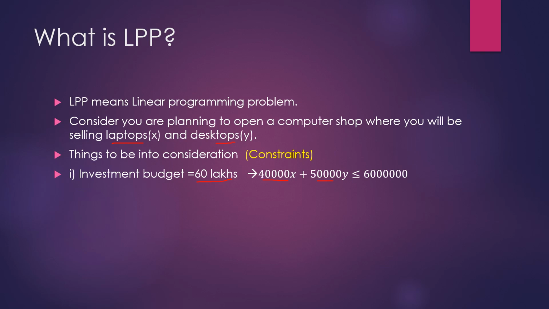I hope you all are getting it. My second constraint is I only have space to store 75 desktops or laptops altogether. So X plus Y, that is number of laptops plus number of desktops, can be less than or equal to 75. That is, I can buy desktops and laptops together up to 75. I cannot go beyond that.